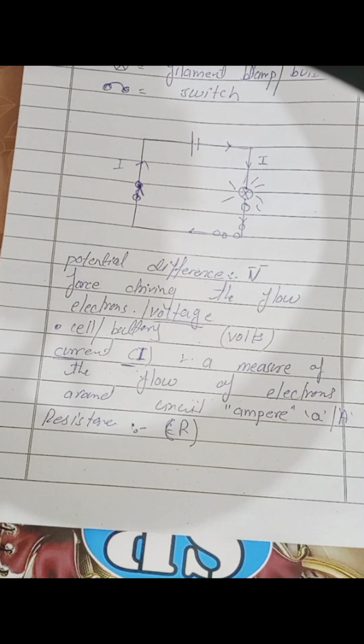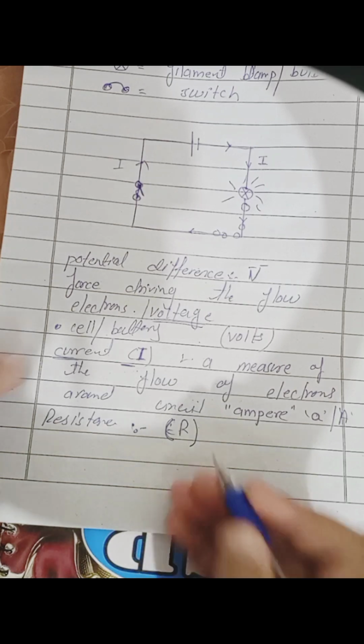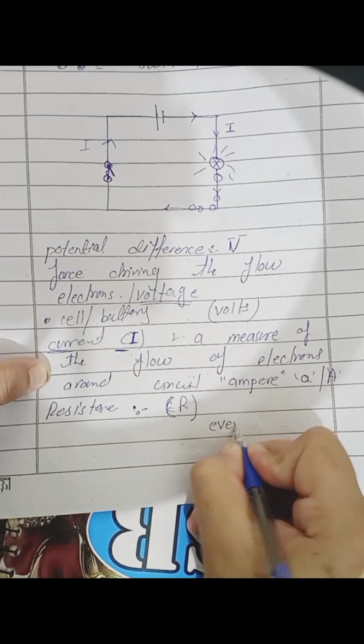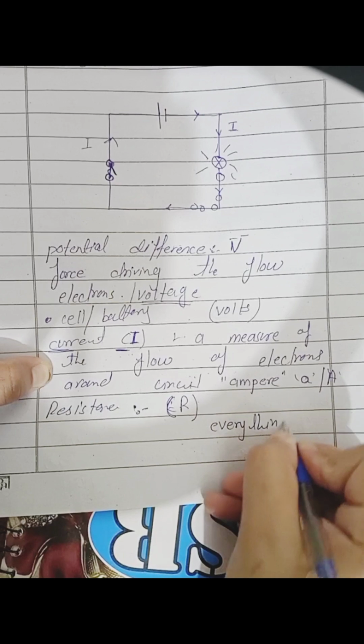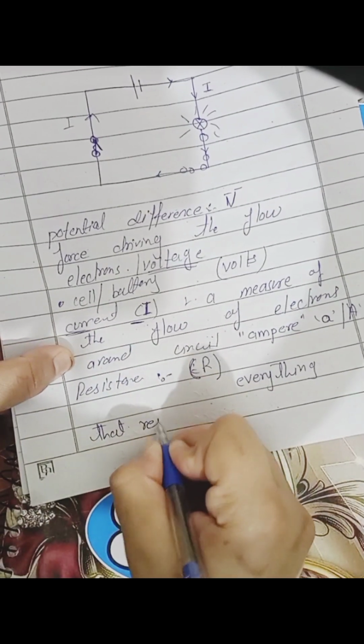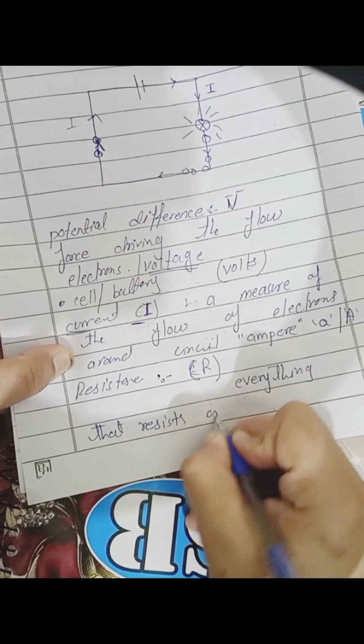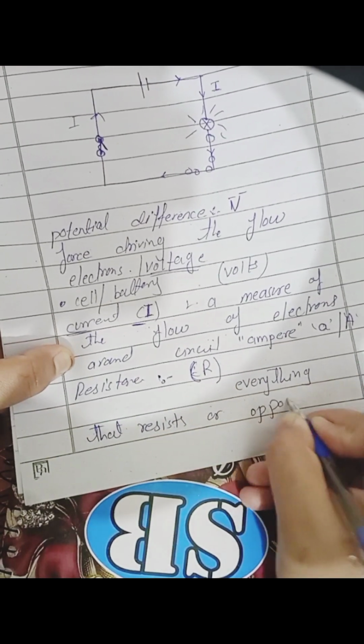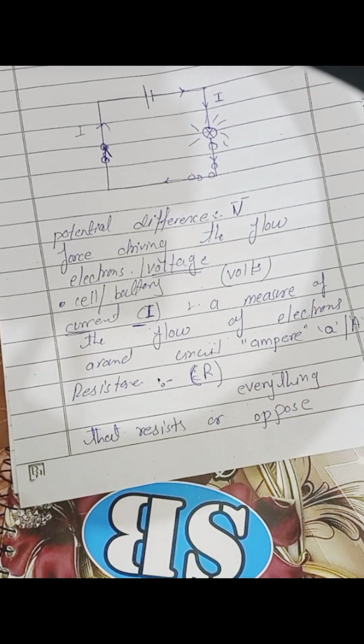So we have to write the definition: everything that resists or opposes the flow of electrons. Opposes means if the current is traveling in the right direction, it will oppose it toward the left side.